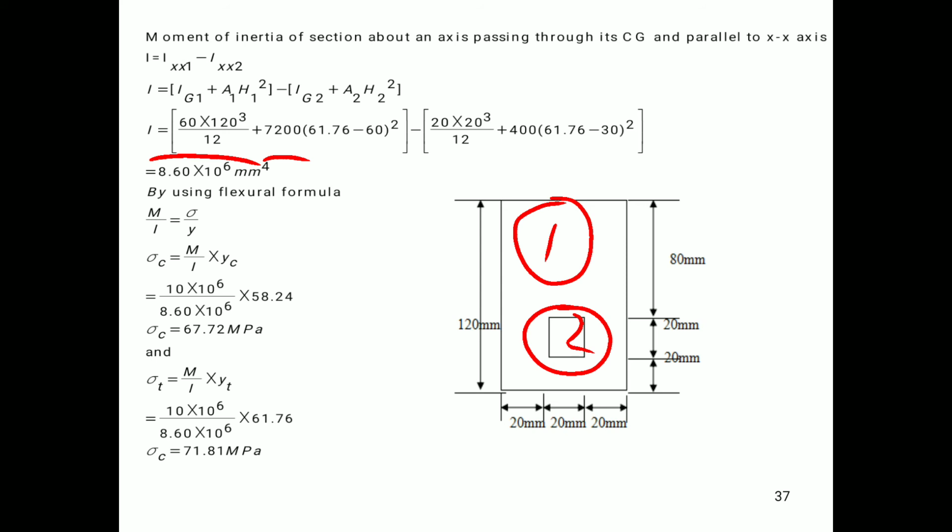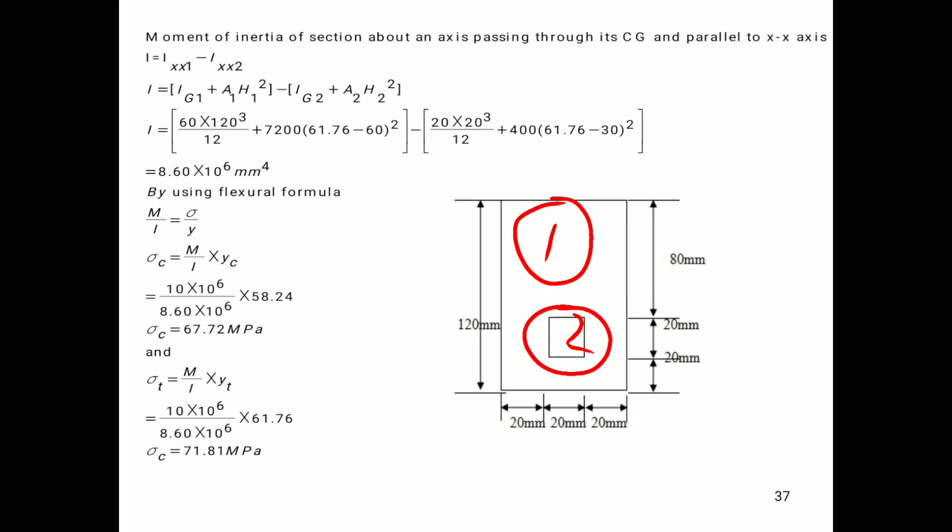This is the value of Ixx1. Ixx2 is 20 into 20 cube divided by 12, plus area 400 into 61.76 minus 30 bracket square. This is the value of Ixx2.